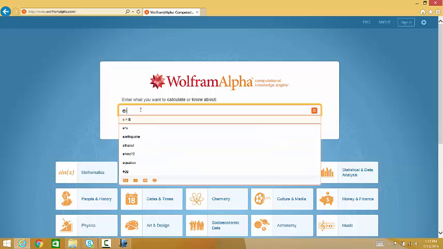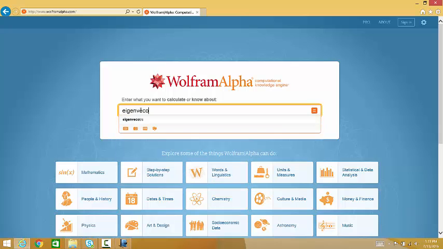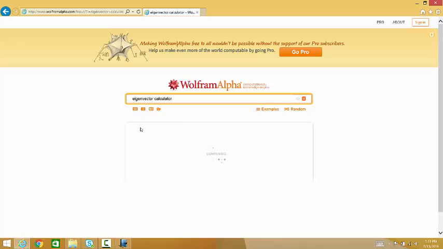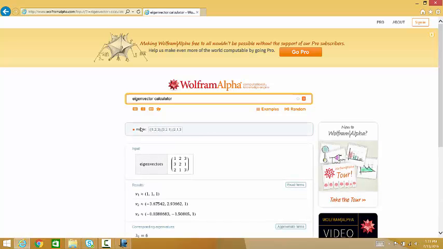So search for eigenvector calculator. And it shows you the format of the matrix that you need to enter. It's basically the same as the format of a TI calculator, except you use squiggly brackets instead of square brackets.